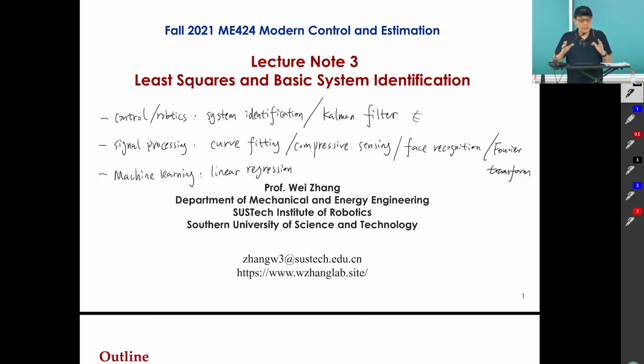All the things you're doing nowadays, no matter whether you're learning robotics or machine learning, entire machine learning is trying to do optimization. Your deep network, your training is to do what? Find the best optimal solution to minimize the loss. The key is solving optimization. That's the key for almost everything.